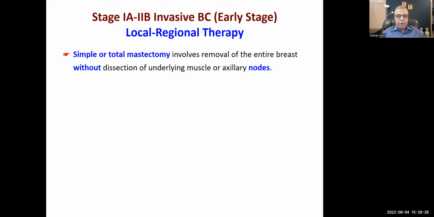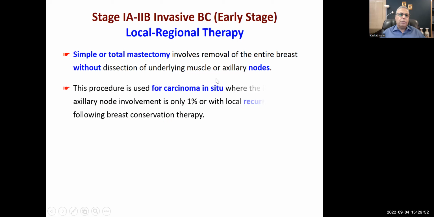Now, again, we are still at stage 1, 2B cancers, and we now go on to simple or total mastectomy. It involves removal of the entire breast without dissection of underlying muscles. Now, if you remember, I said the muscle that is beneath the breast is pectoralis major muscle. And in this, sometimes you can remove the axillary lymph nodes, sometimes you don't remove them, okay?